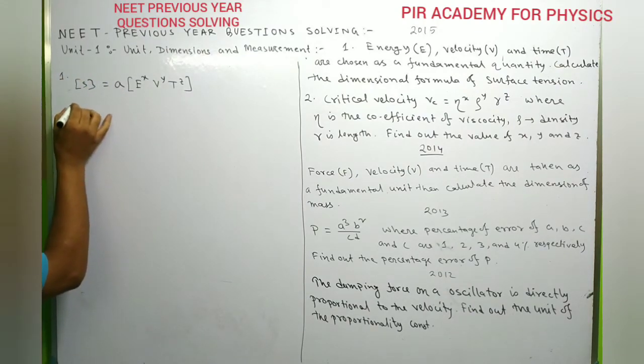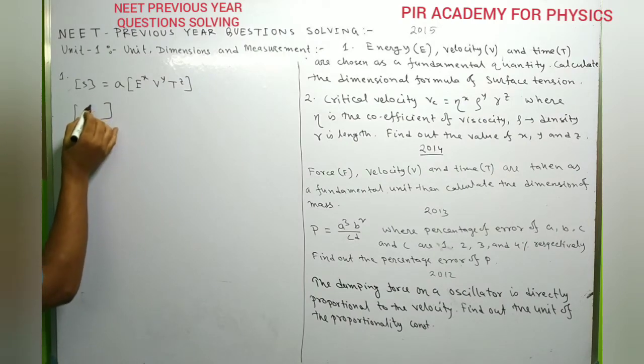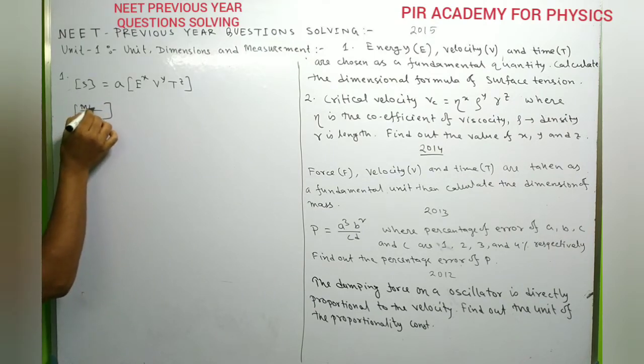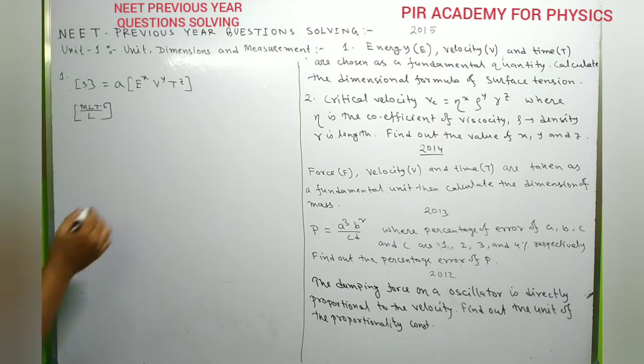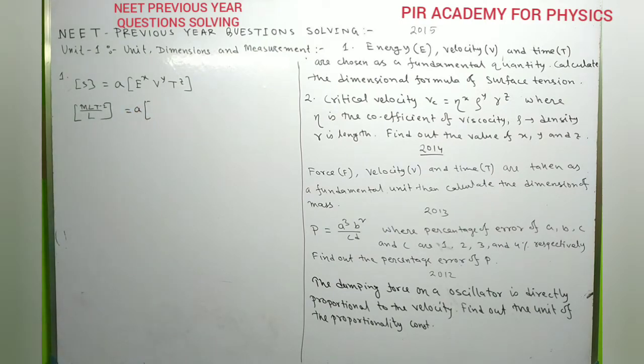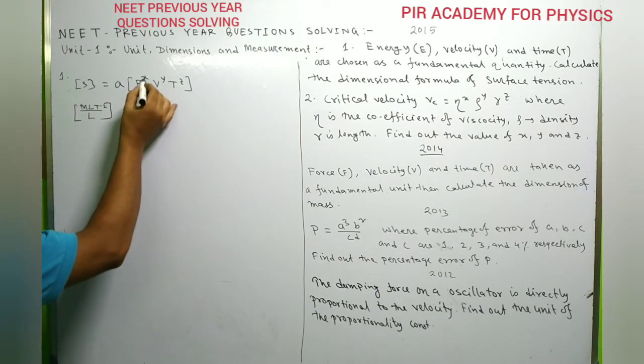Now surface tension is force by length, that means M L T to the power minus 2 divided by length. This is a dimensionless constant, then E to the power x.